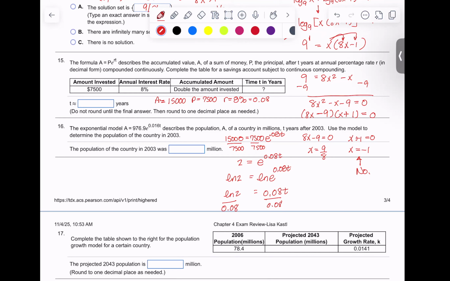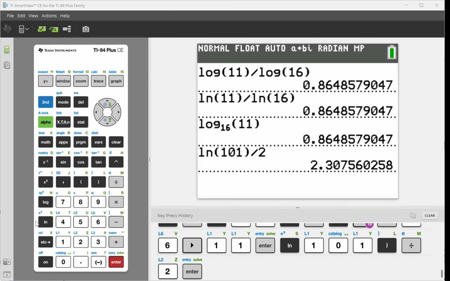And it tells me to round to 1 decimal place as needed. So let's go to our calculator and do that calculation. The natural log of 2, I need to close those parentheses, divided by 0.08.